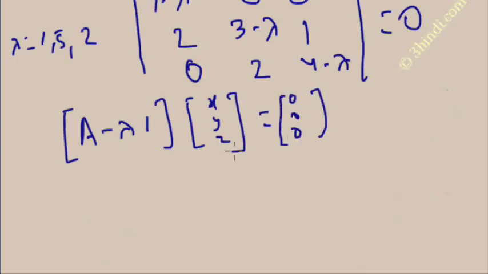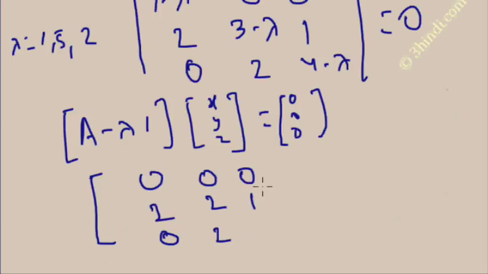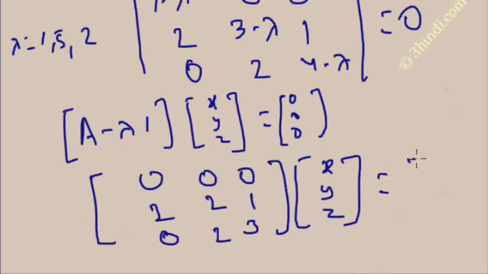To solve this, I'm putting 1, so it will become 0, 0, 0; 2, 3 minus 1, 2, 1; 0, 2, 4 minus 1, 3, into x, y, z equal to 0, 0, 0.